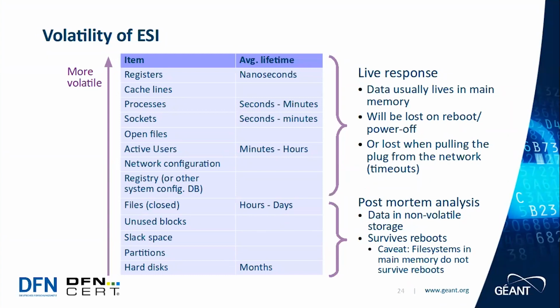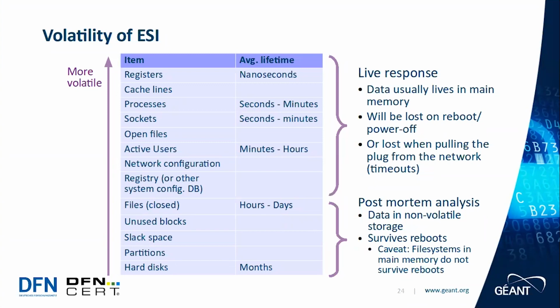But when it comes down to information that will be present in the system for a bit longer, like a process that is running maybe only a few seconds or even longer, minutes, a daemon may even run for hours or days. Then we have open sockets, which means open network connections on our systems, which are again present for seconds or minutes. Open files, active users, meaning users that are logged on to our systems.